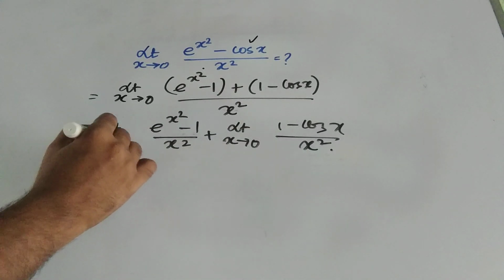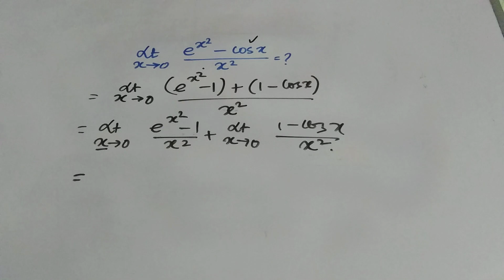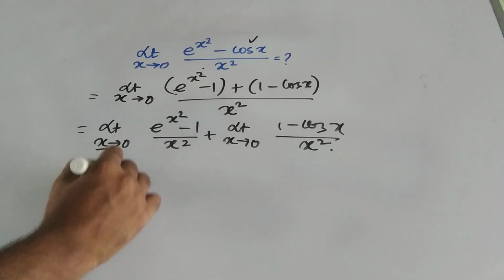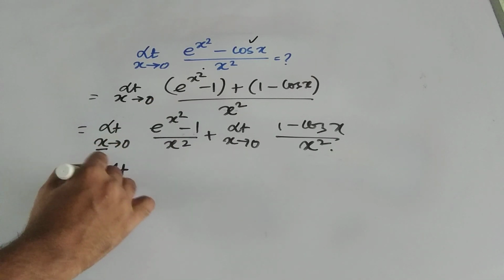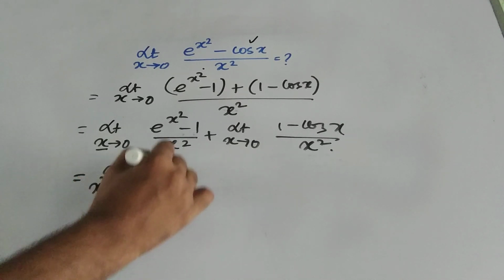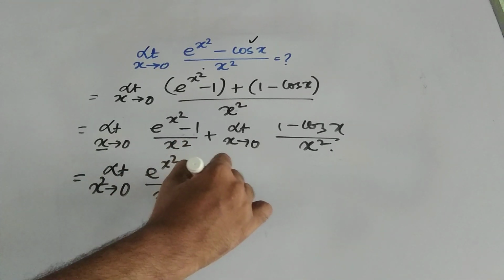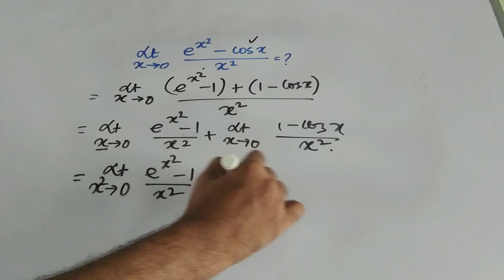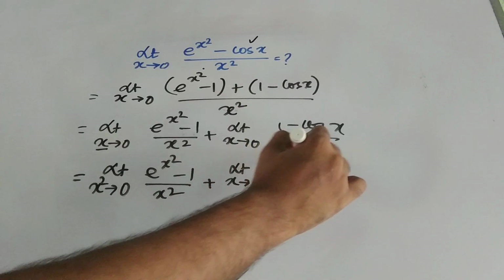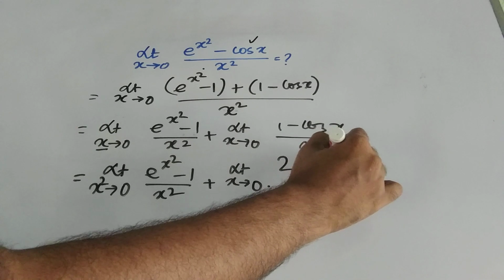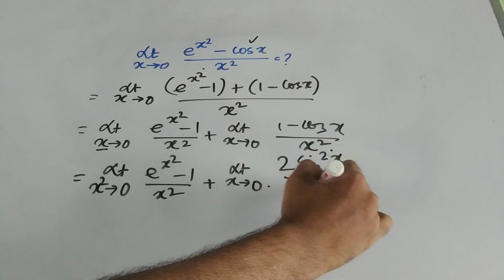From the next step, you can understand if x tends to 0, then obviously x square also tends to 0. That means I can write it as limit x square tends to 0 e to the power x square minus 1 divided by x square plus limit x tends to 0 1 minus cos x, I can write it as 2 sin square x by 2 divided by x square.